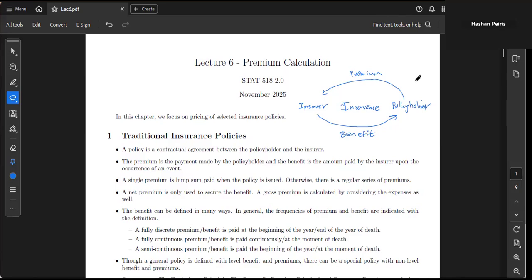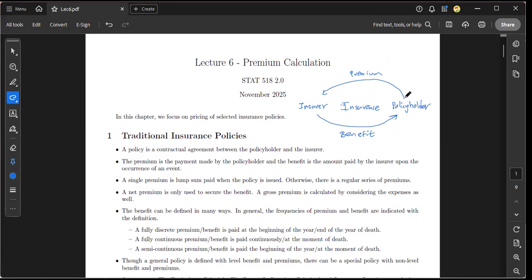So the benefit is not always being paid, but the premium has to be paid according to the agreement. It can be one premium or a series of premiums, but always the benefit is one payment. But sometimes, like a pension plan, both benefits and premiums are paid in annuities.